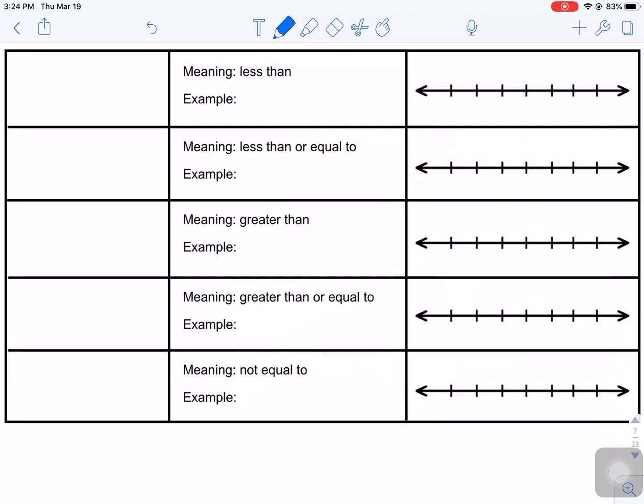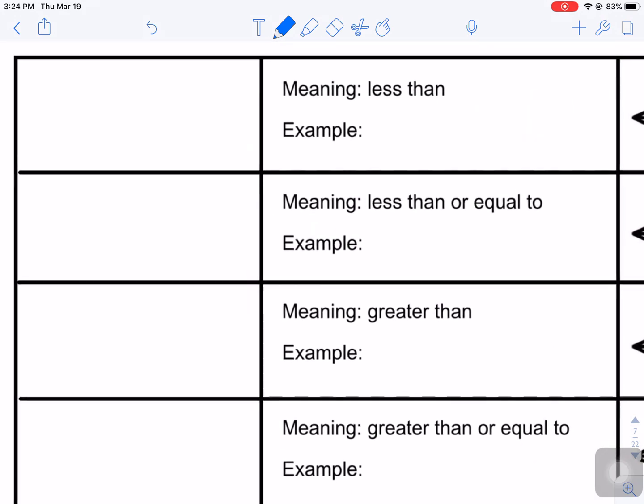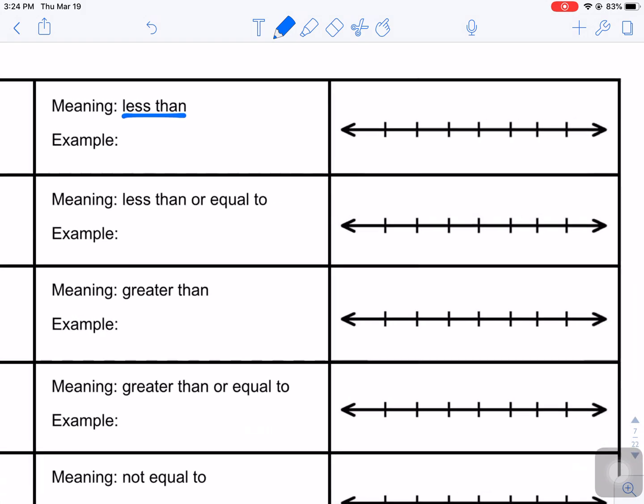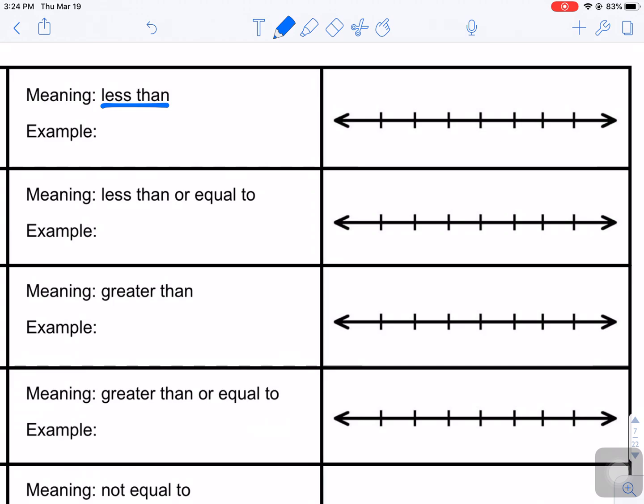Okay, so as I take the notes, I want you guys to follow along. Today is all about symbols. The symbols that you will see when you read words like less than, and then what they will look like when you graph them onto a number line.